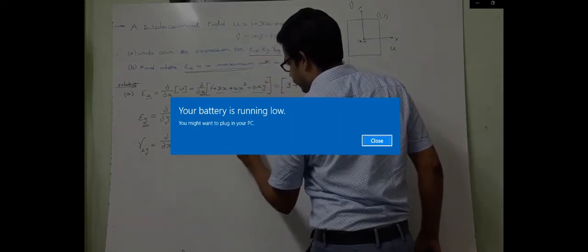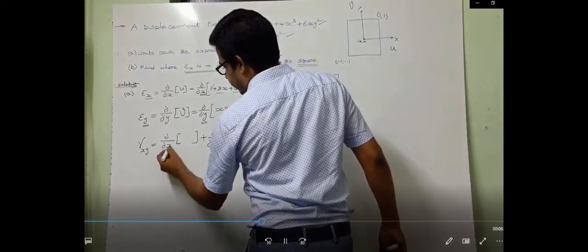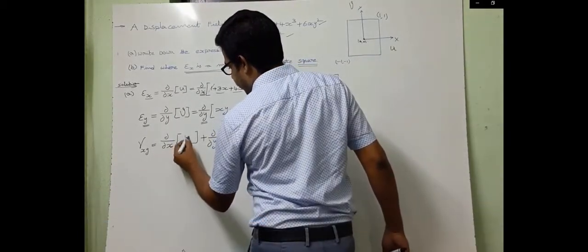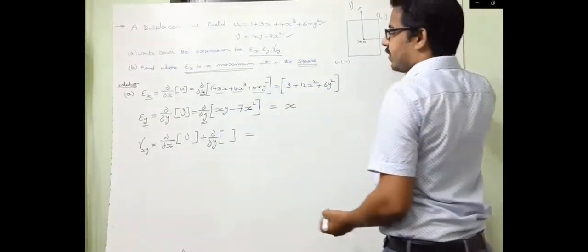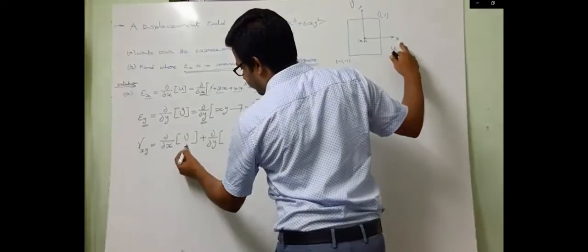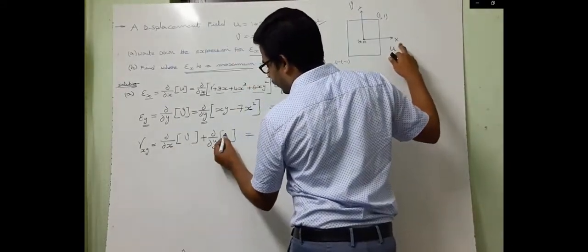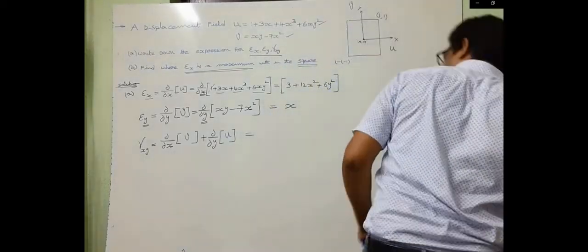Here ∂/∂x acts on v, which is along the x direction. So gamma xy is equal to ∂/∂x of v plus ∂/∂y of u.